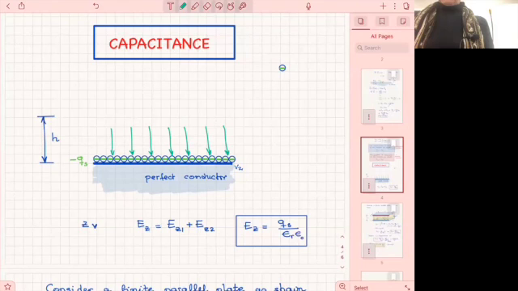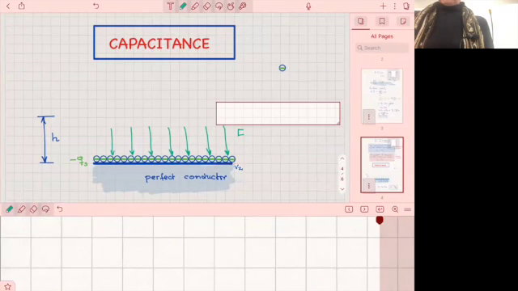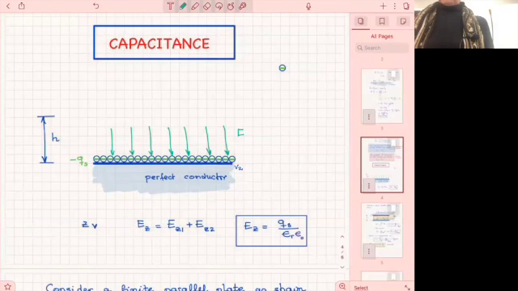And we found, as a matter of fact, that this field here, E, which is along the perpendicular direction, along the Z. Let's assume that this is the Z direction. In fact, the opposite. For a second, let's assume this is the Z direction.